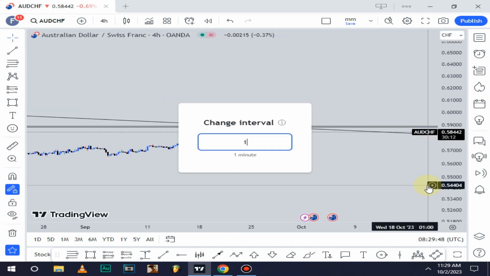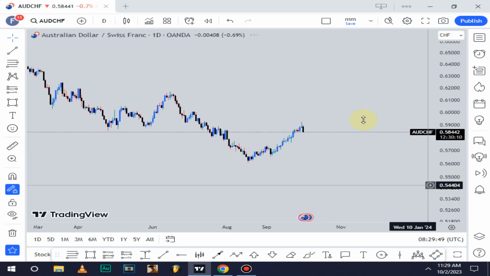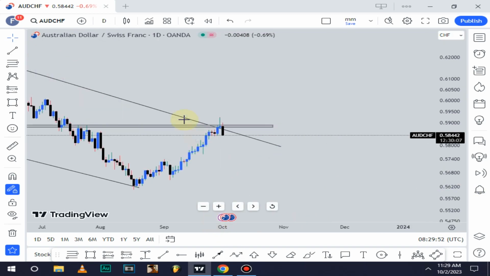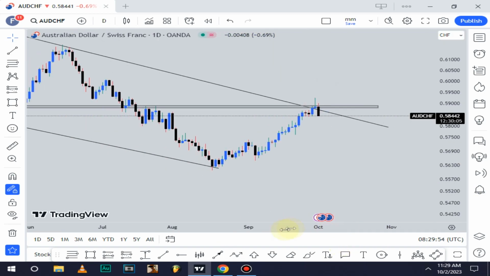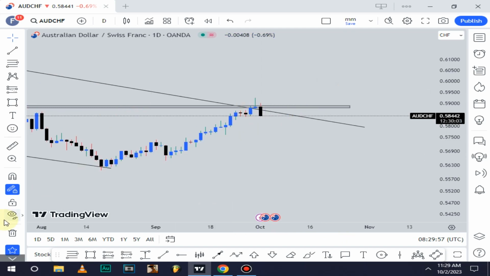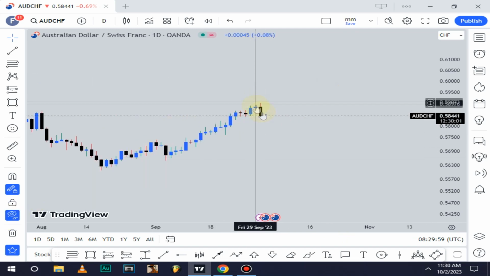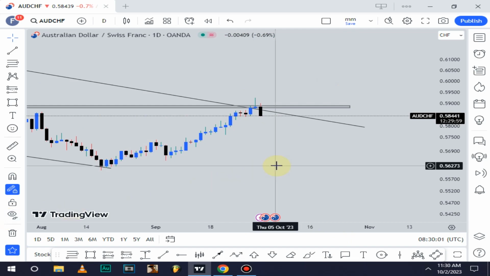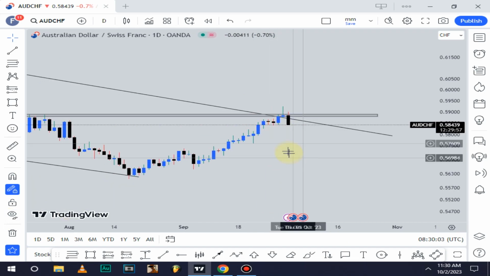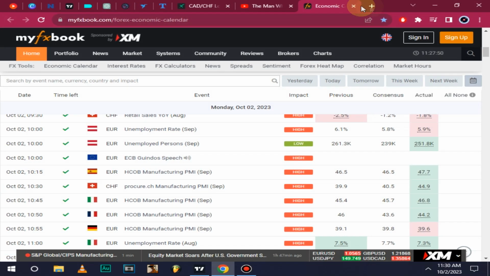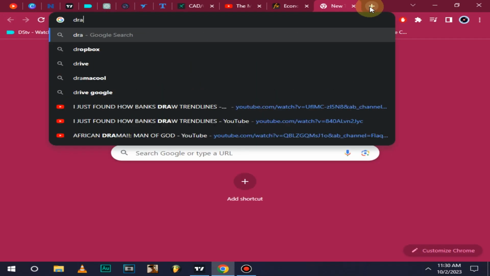But first, let's just go back to the daily. I've seen something on the daily, gang. Look at this. We have this candlestick over here, this inverted hammer, almost looking like a dragonfly.